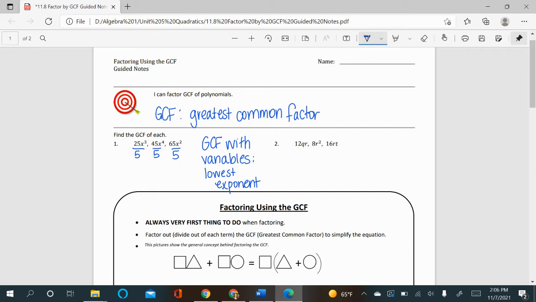Okay, so the GCF here would be x squared. So I would also do x squared and x squared and x squared. So my greatest common factor for this particular problem would be 5x squared.